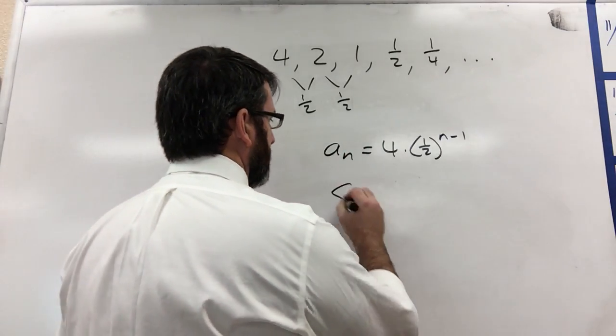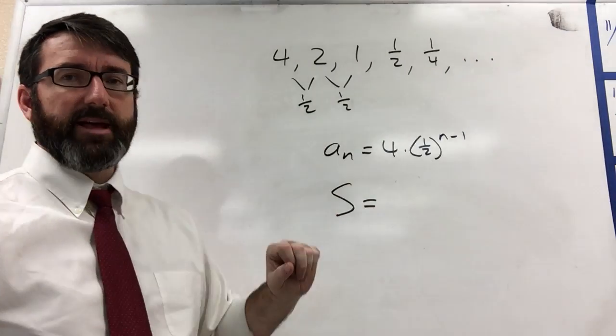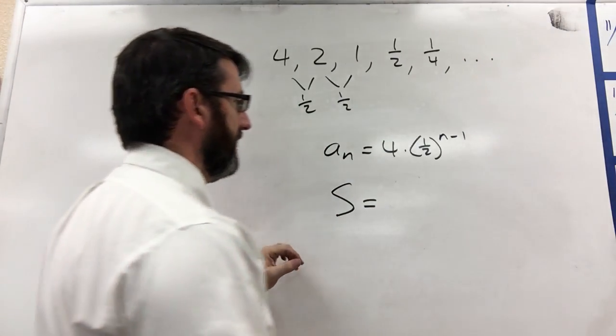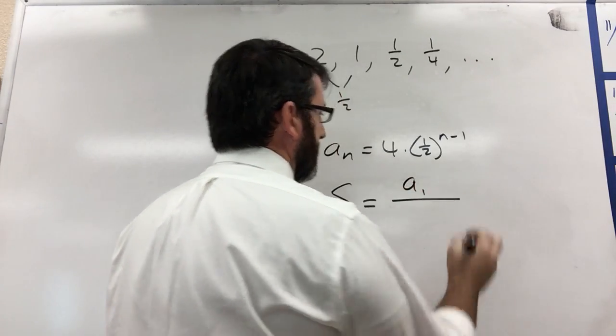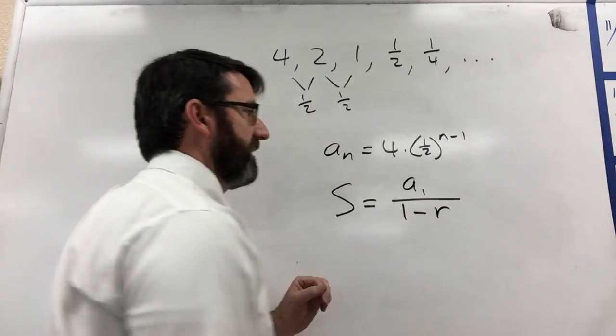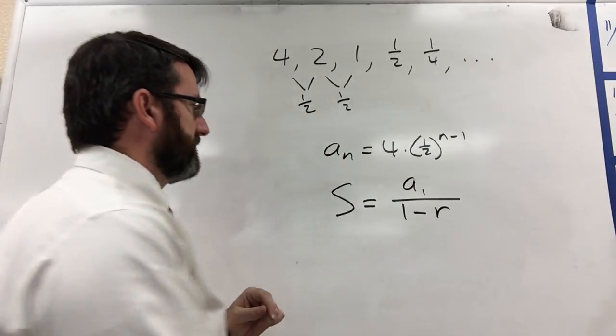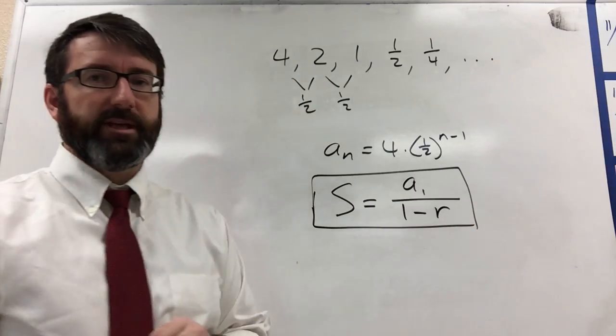But we're going to say that the sum of an infinite series, where the absolute value of r is less than 1, is going to be equal to the first term divided by 1 minus the common ratio. So make sure that you know this formula, because it's really handy.